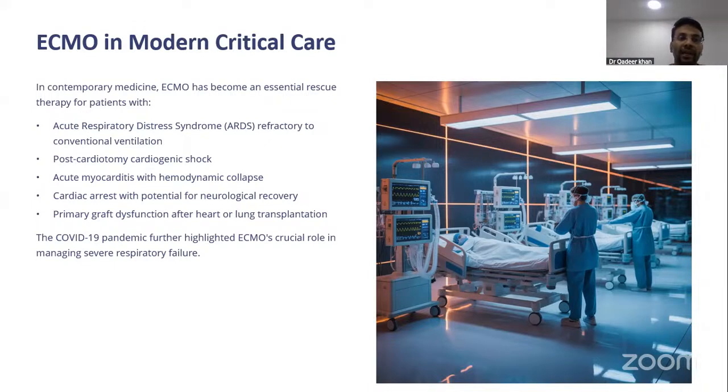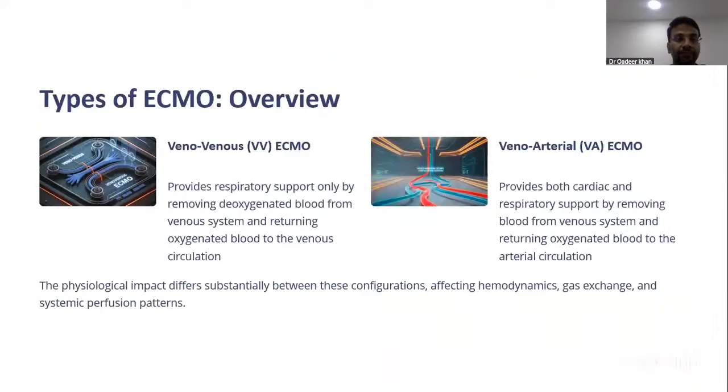And cardiac arrest, like in ECPR situations where there is potential neurological recovery, we can start ECMO. And post heart and lung transplantation, there has been a major role in providing organ support for the next 24 to 48 hours till they are able to maintain their oxygenation by conventional strategies.